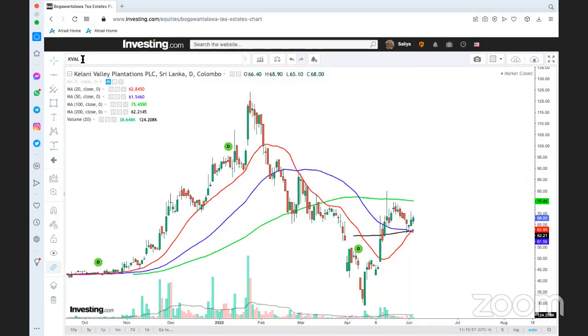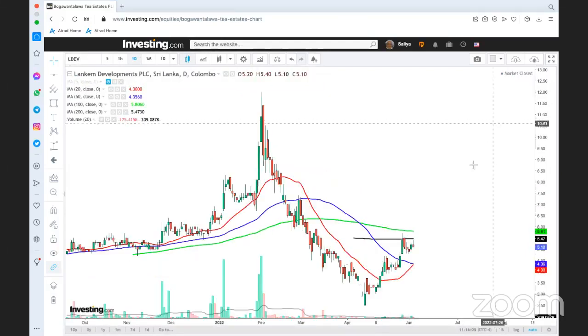Then let's take Lankem Development. It also won't qualify because it's testing a key area of the 200-day moving average, and on top of it you have the 100-day moving average, but the prices haven't gone above all 4 moving averages.